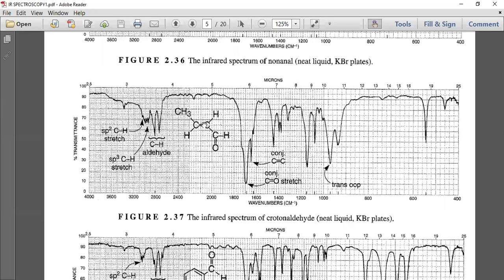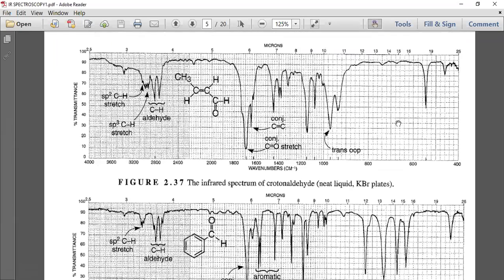Then because of the double bond, we also have sp2 CH stretching vibrations more than 3000. Because of CH3, we do observe aliphatic CH vibrations. Then because of the aldehyde CH, we observe a doublet. So we are observing all these characteristic peaks. Of course, as I said, we cannot identify each and every peak in IR, so just ignore the additional peaks.